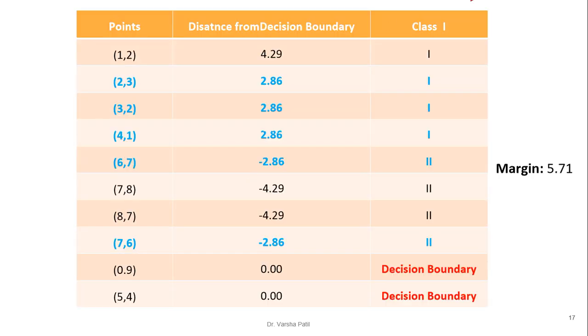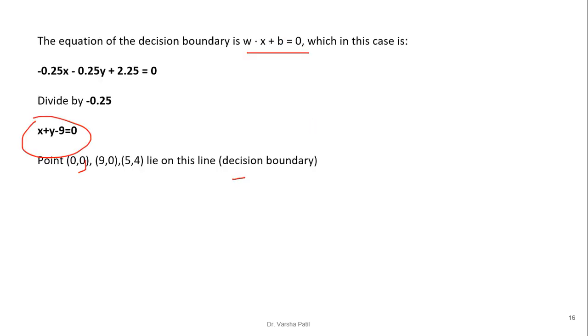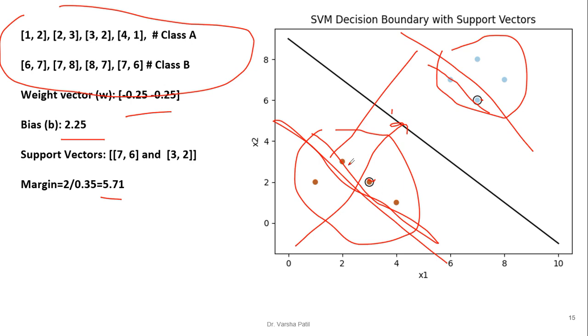In the next slide, the distances of every point from the decision boundary are found. For the first class, these 3 points can be candidates for the support vectors for the margin.